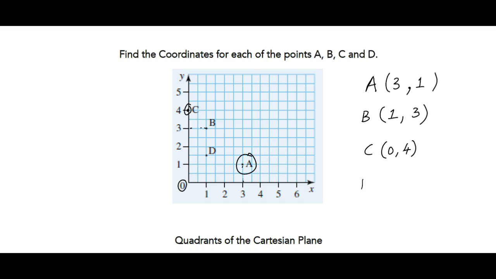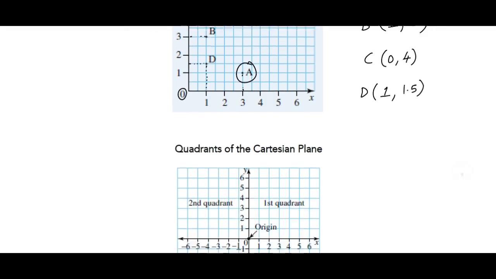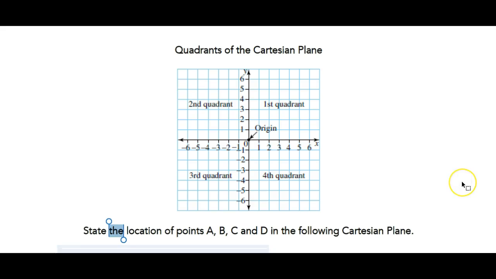And finally, point D. The x value for point D is a 1, and the y value is exactly halfway in between 1 and 2. So the y value for point D is going to be 1.5, and those are the coordinates of those 4 points.